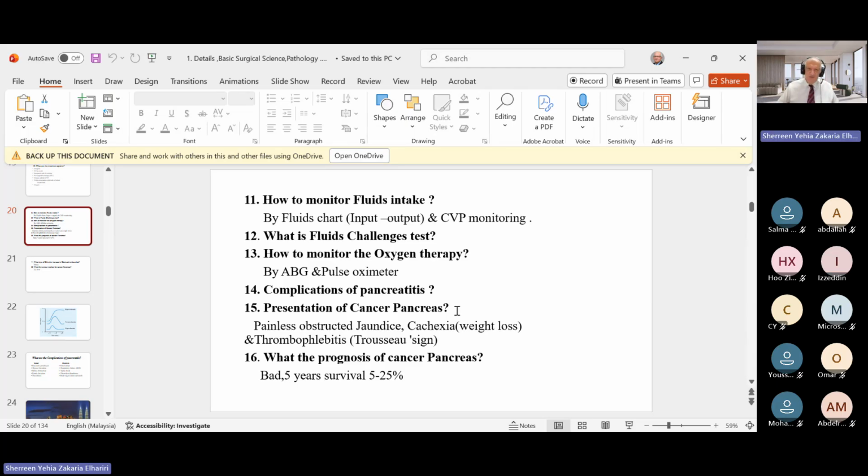Painless obstructive jaundice, cachexia and maybe thrombophlebitis. What is the prognosis of cancer pancreas? It is a bad prognosis. What do you mean by bad? The survival rate in 5 years is low, maybe 5 or 10 percent.